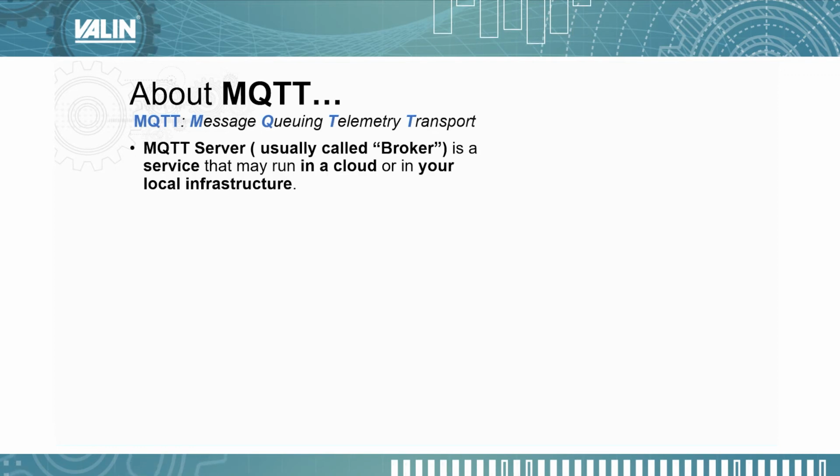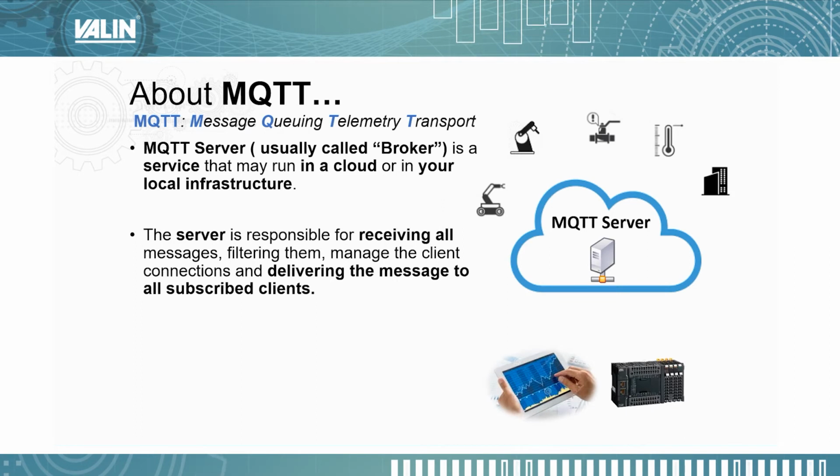One of the components to get this to work is the MQTT server. It's usually called a broker. It's basically a service that may run in the cloud or in a local infrastructure, manages the client connections, and delivers the message to all subscribed clients.